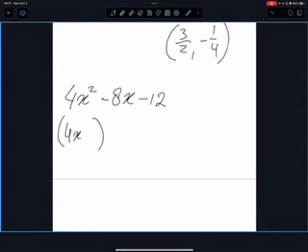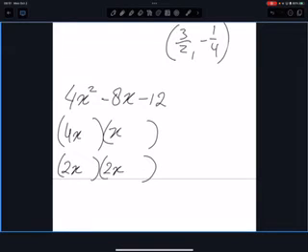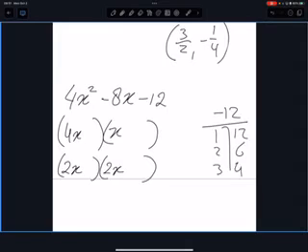So factorizing, it's either 4 and 1 or 2 and 2. And then for the minus 12, it's 1, 12, 2, 6, 3, and 4. If I have negative, negative, that means I have one positive, one negative.